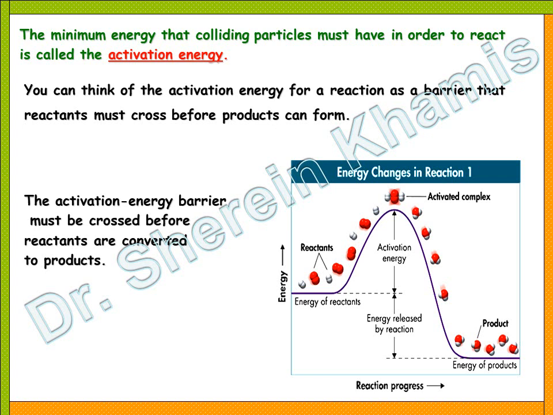Here we have the activated complex, and it will produce the product. The change will be here, the activation energy. This is the energy released by the reaction. The reaction progress means that we have enough energy to make the reaction happen.